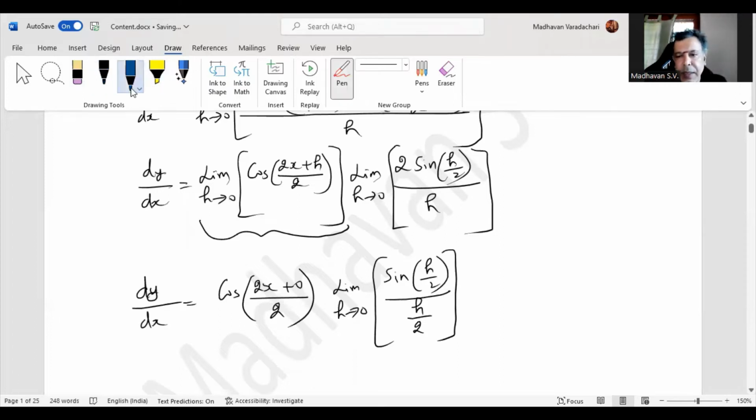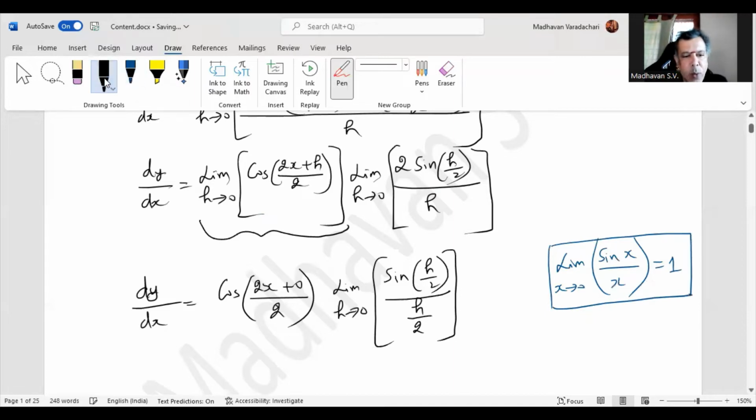Now we will be using this limit, which is limit x tends to 0 of sin x by x is 1. By using this useful limit, the second limit can be considered as 1.